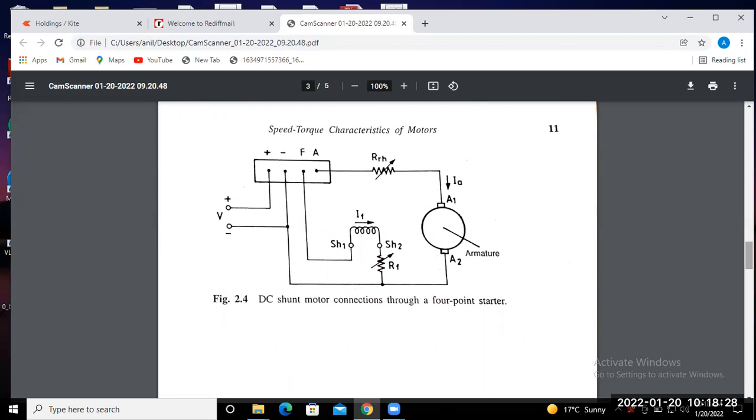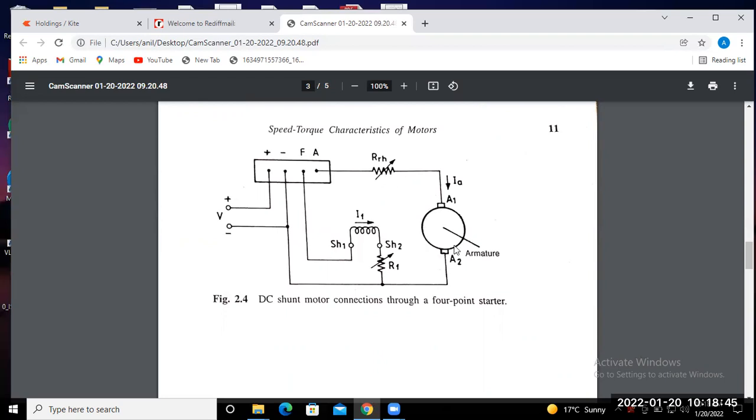So this is your 4-point starter. F represents the field winding and A represents the armature winding. The external resistance is represented here by the variable resistance connected in series with the armature.